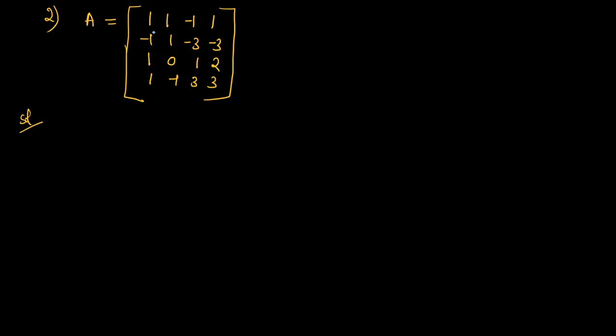Here the first element of the first row is 1. Therefore, we can leave the first column as it is. Next step is to make all the elements after this 1 to zeros. So we have to make these 3 elements zeros.